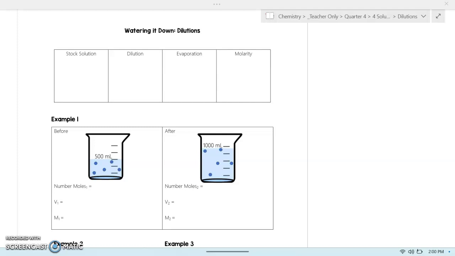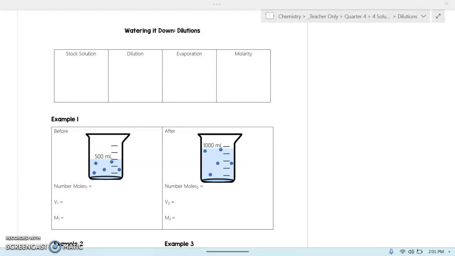So for example, if you had a 10 molar solution, which is very concentrated and usually way more concentrated than you would need for any reactions, you can add water to it and use that 10 molar solution for a lot longer amount of time, and you can use it in smaller amounts with a desired molarity that's smaller and more easily handled in an experiment.